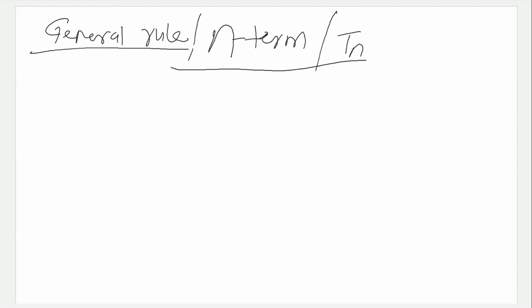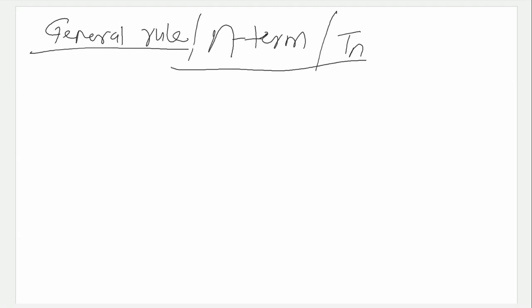This rule can be called the nth term, or we can call it Tn. It's the same thing. So how do you find the general term of the linear pattern when you are given a pattern?